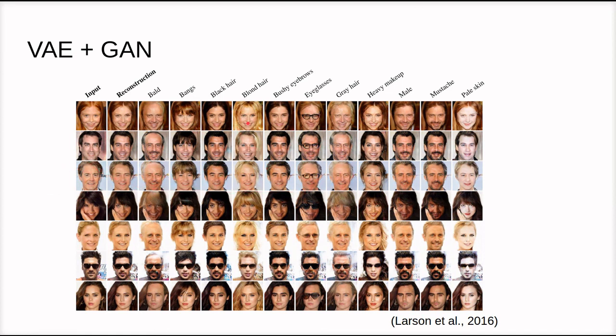But we also preserve a lot of the high-frequency information. We're losing a lot of that blurring. In the eyeglasses case, all the faces do have something approximating glasses on them. And as you can see, this technique represents a substantial improvement in the ability to reconstruct data from some latent representation.